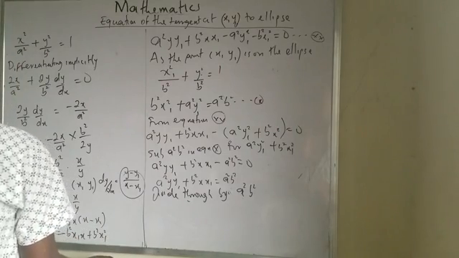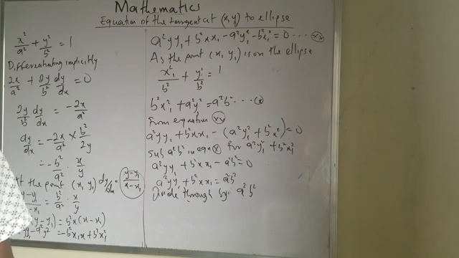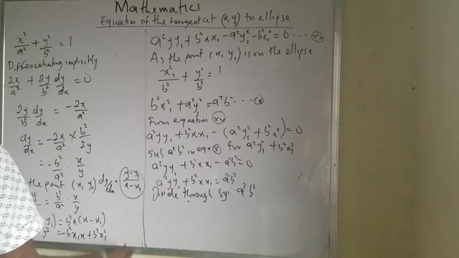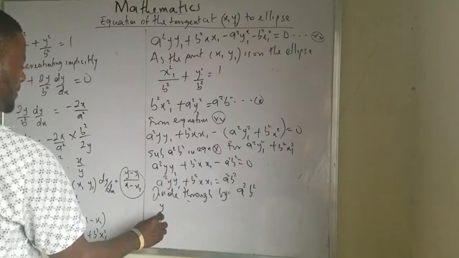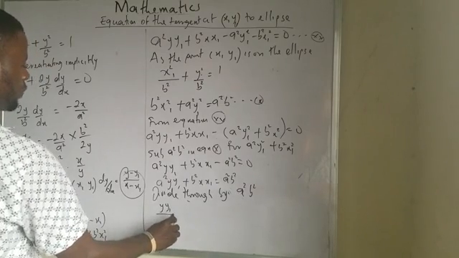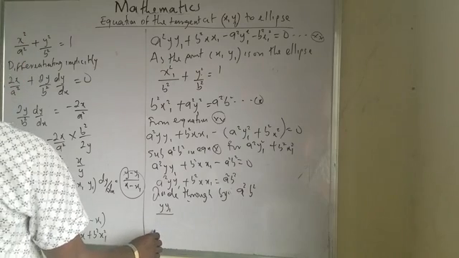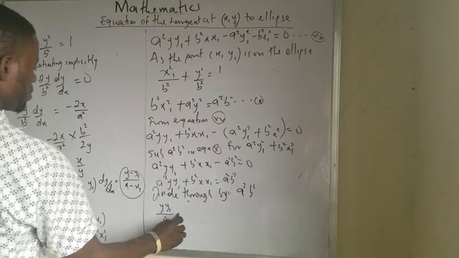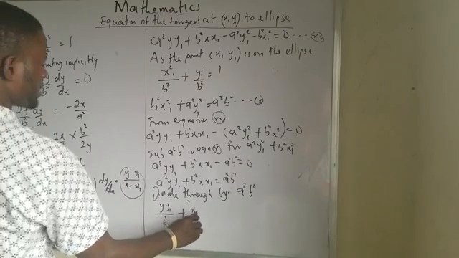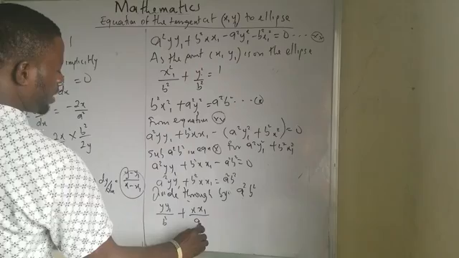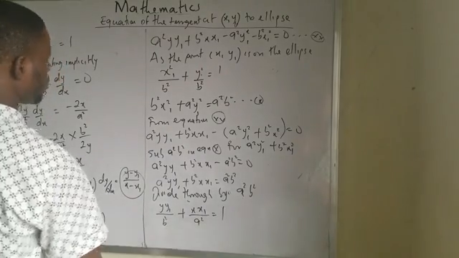When we divide both sides by that, I'll be having y1 all over b squared plus x1 all over a squared equals to 1.